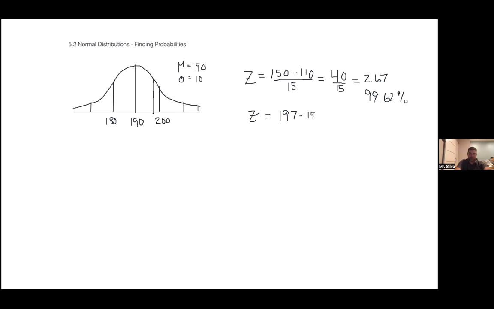Again, I'm trying to figure out what percentile they are in. Well, I know it's above average, above the 50th percentile. Do the math: 7 divided by 10. I don't need a calculator for that. 0.7. I go to the table, go to 0.70, and I get 0.758. This 0.7 is a z-score, and 0.758 is the value in the table.